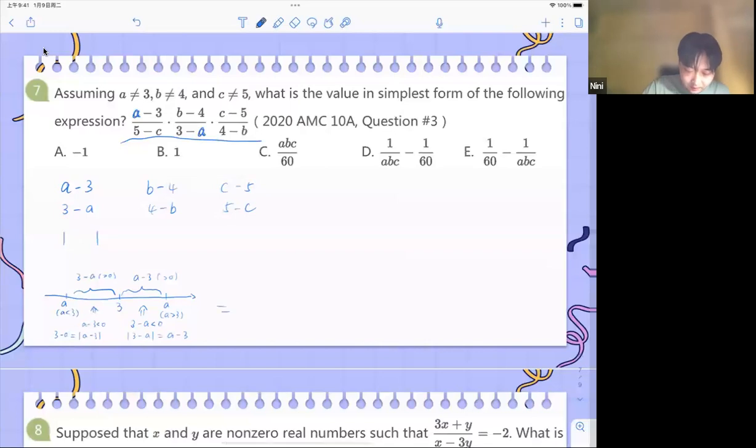So we can say A minus 3, if we put an absolute value symbol here, this should be equal to 3 minus A with the absolute value symbol. So that means if we put absolute value symbol here, they actually can be crossed, right?